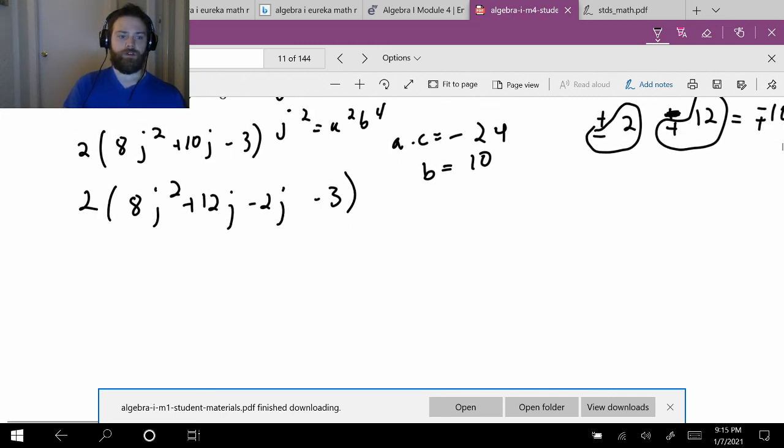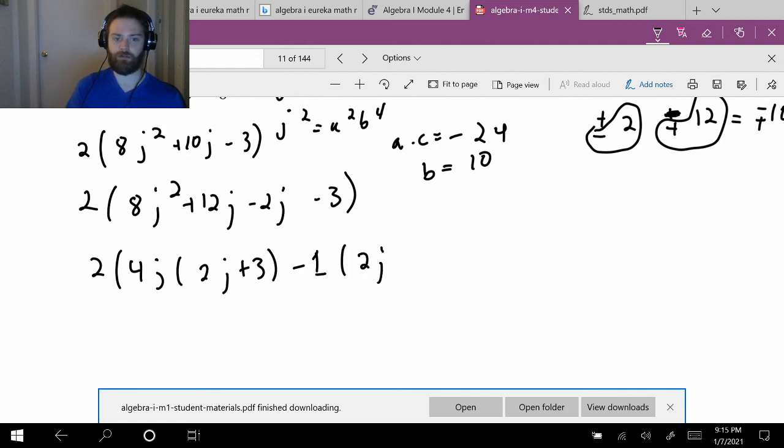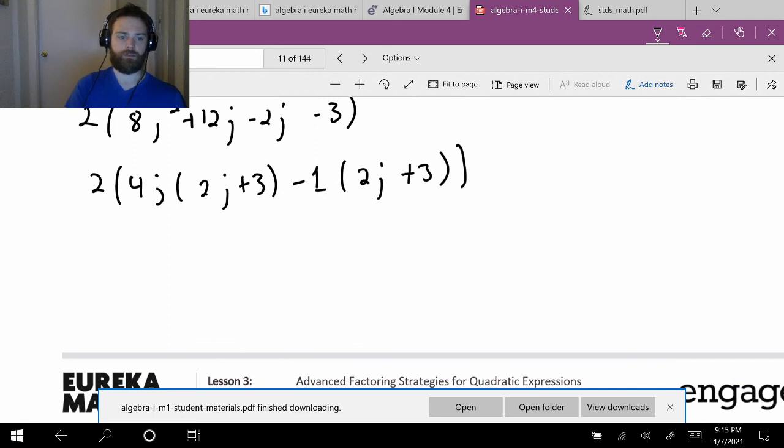Out of the first two terms, I can factor a 4j out. Out of the last two terms, I can factor a negative out, and that's about it. In fact, that is it. That's all she wrote. So 2j plus 3 factors out, so I've got 2 times 2j plus 3.